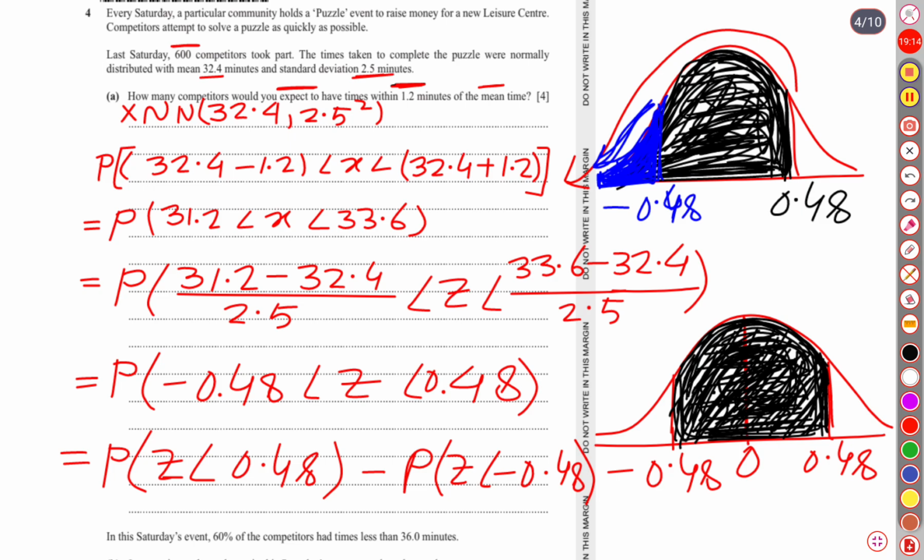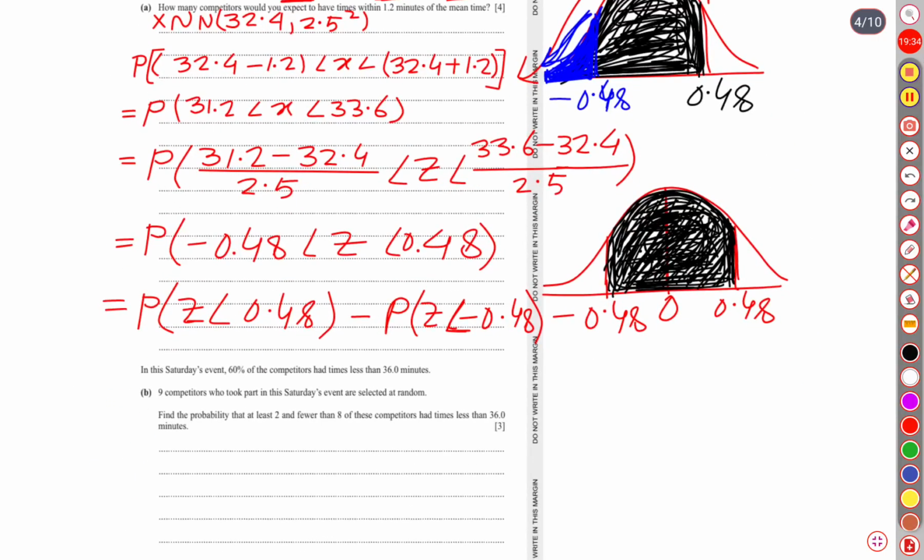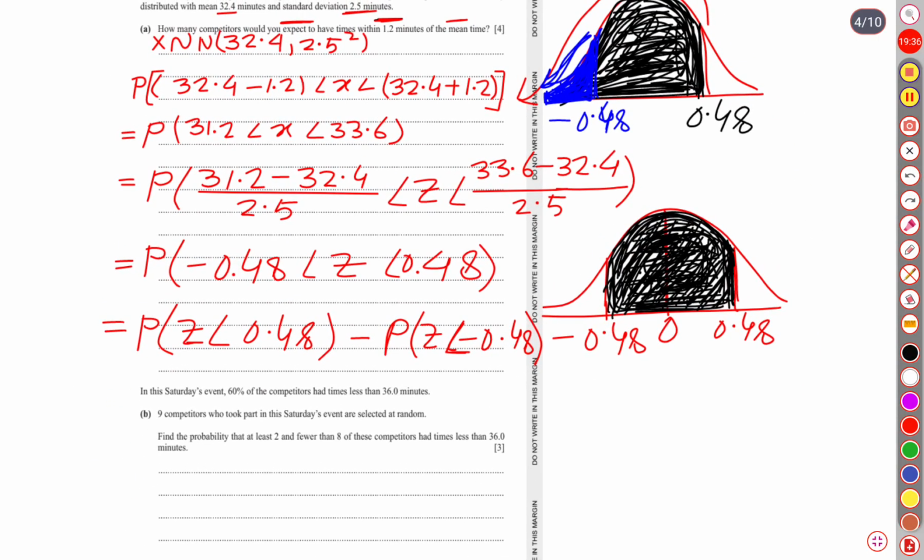That's why we have written the left part of z score 0.48, from which we subtract one more part, when z score is negative 0.48. One after the other, let us find the probability corresponding to each z score.